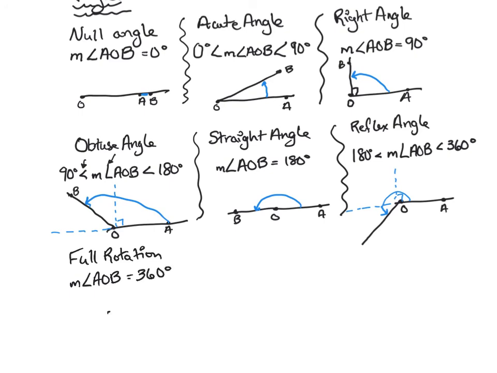So again, we have A, we have O, and we have B here, but it's not the same as the null angle or even the straight angle, because what is implied is that we started at A and we did all the way around to come back to B. So you can think of it as what you've done is a full rotation of that backstroke. And those are basically the angles you need to know.